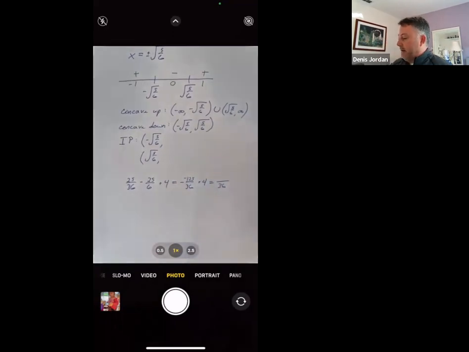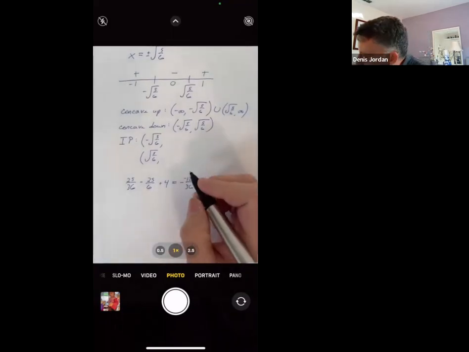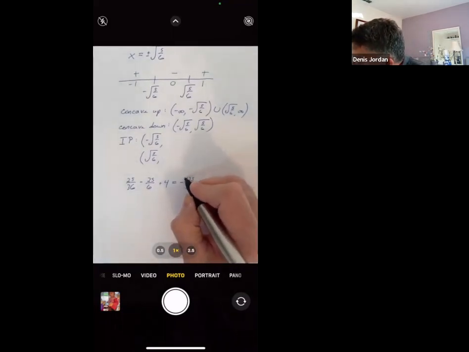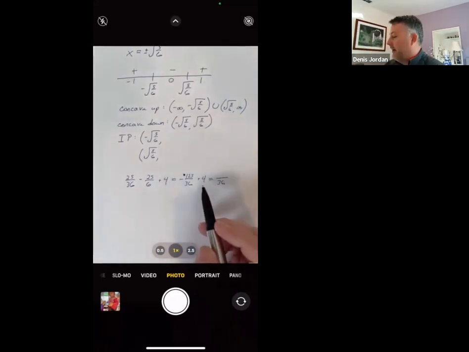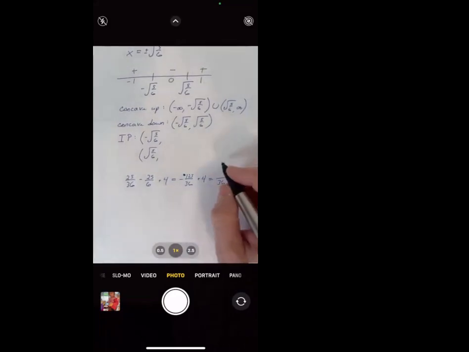And then if you finally add the 4 to it, 36 times 4 is 144. Oops, extra negative in there. And then 144 minus 125 is a positive what? 19.